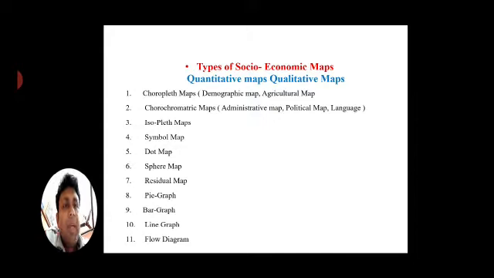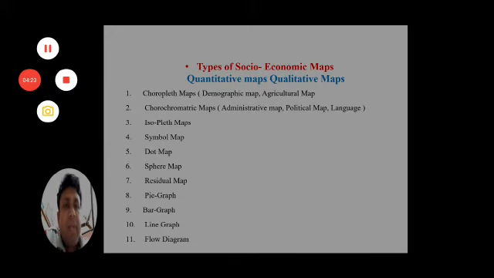There are many types, namely choropleth maps. That is basically a quantitative map. We can analyze on these maps demographic status, agricultural maps, cropping intensity, etc. Another is the chorochromatic map. This is mainly a qualitative map: administrative maps, political boundaries, language and other cultures. These are all qualitative maps.